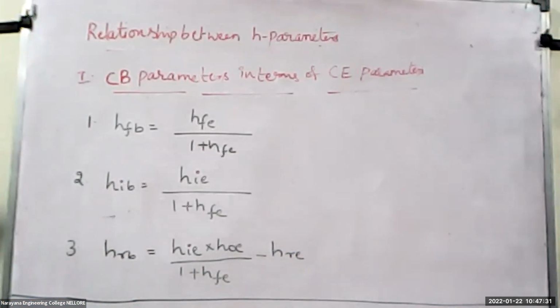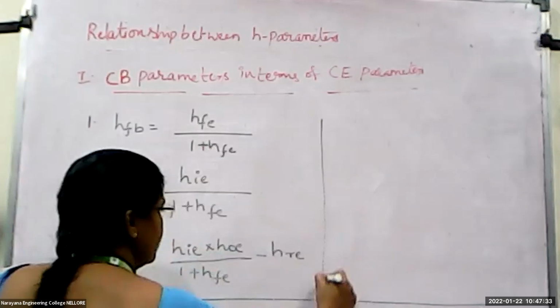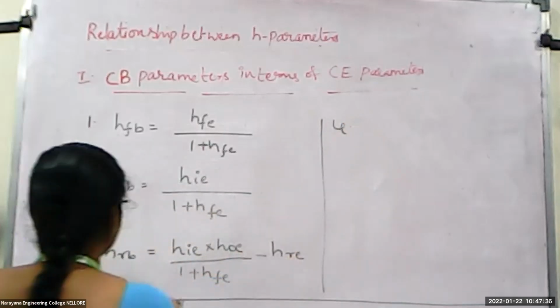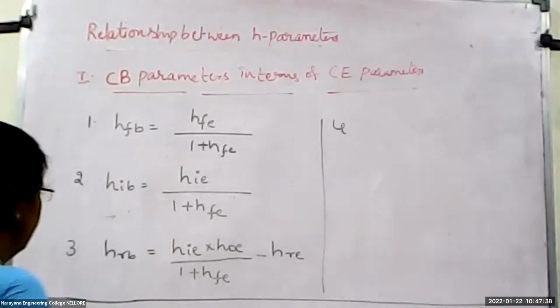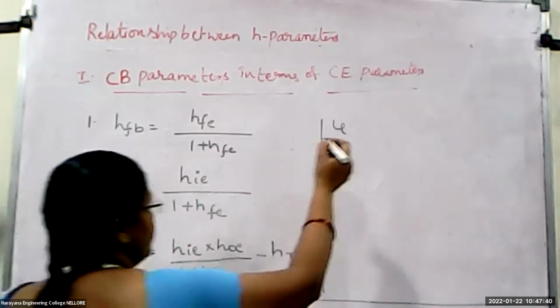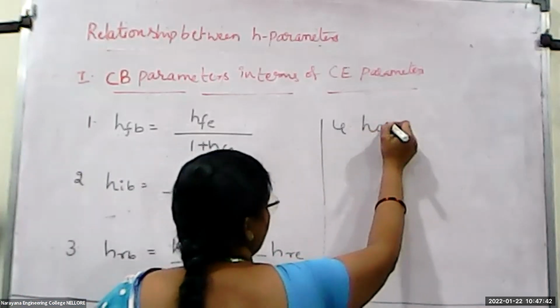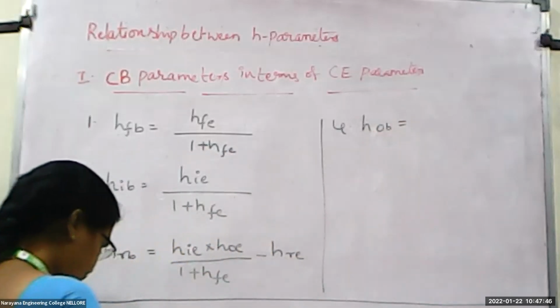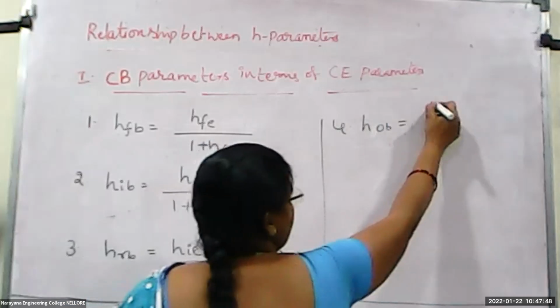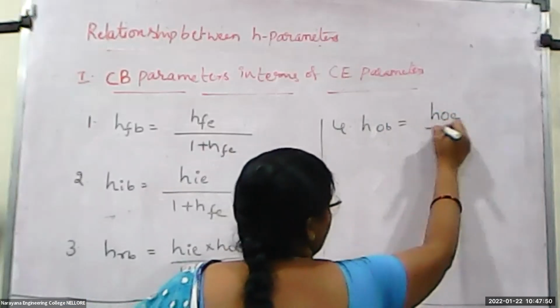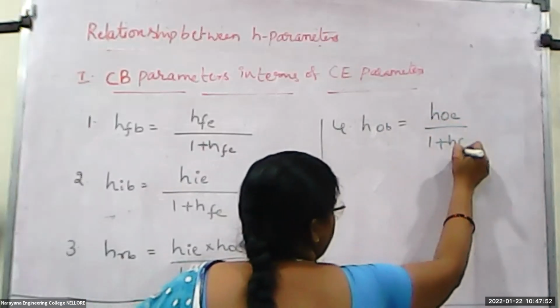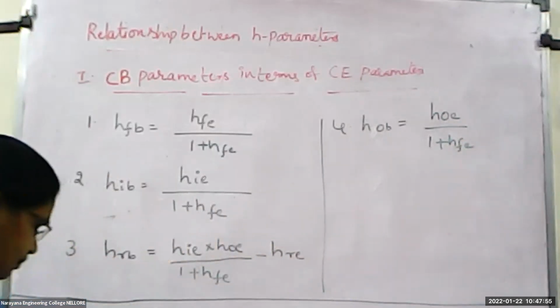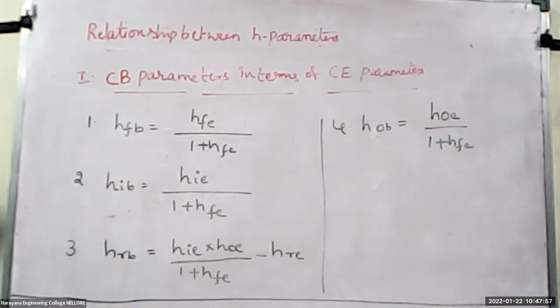This is the third parameter. Fourth one is HOB. HOB is equal to HOE by 1 plus HFE.